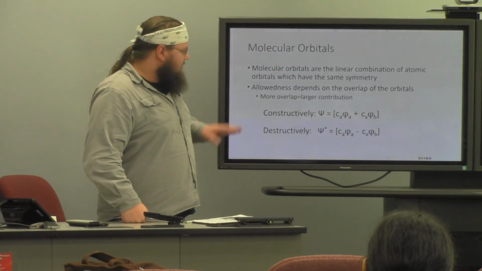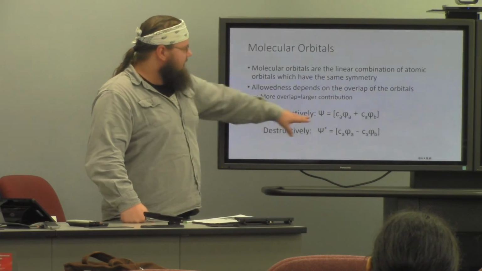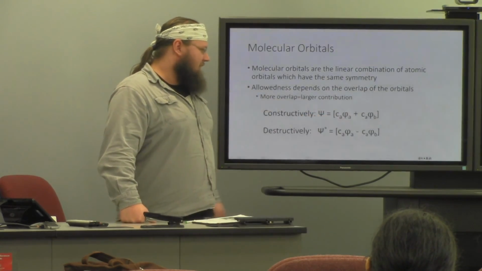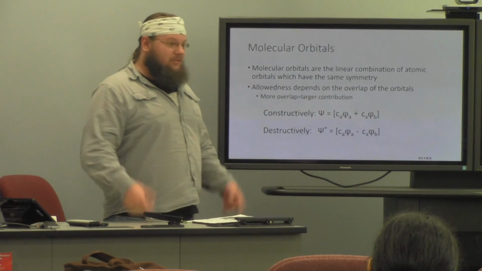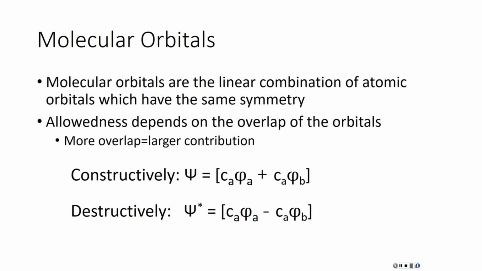Very basically, they can either be constructive, where your wave functions add together, or destructive, where your wave functions subtract from each other. You can see here the C alpha and C beta. They are your coefficients for how much they contribute to each molecular orbital.